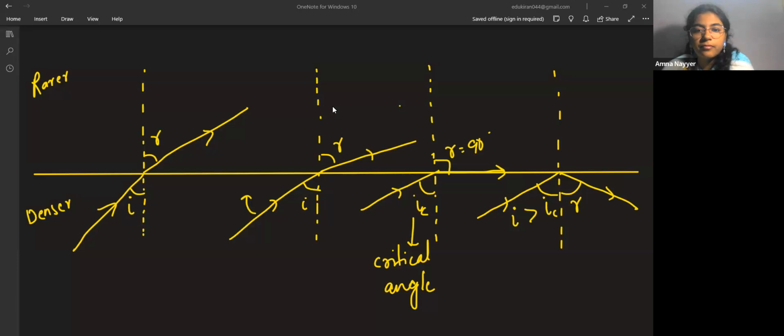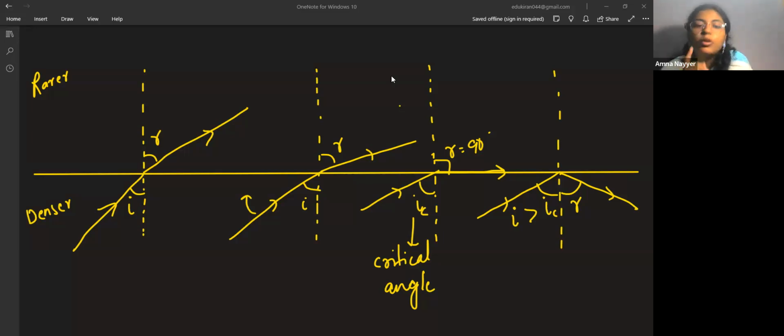Yes, ma'am. Yes, Humam. Tell me one criterion for total internal reflection to occur. Just one criterion.